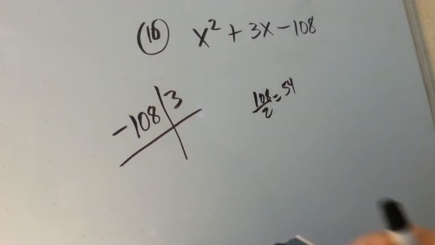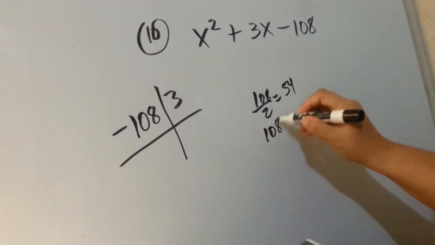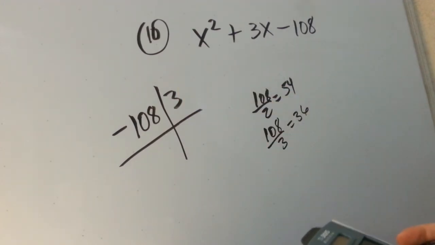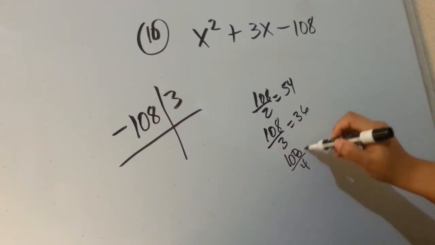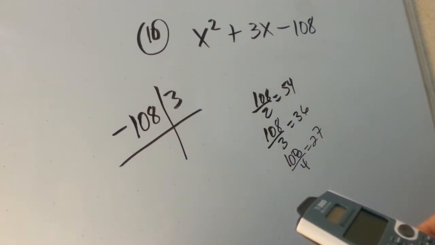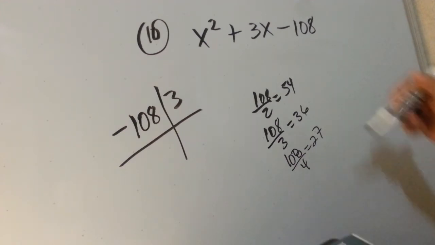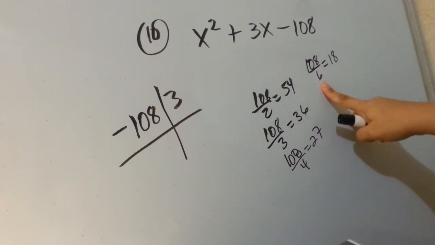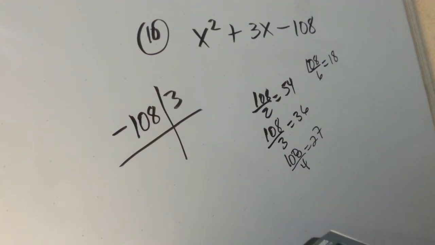Well, 54 and 2 is not going to give you 3, so scratch that. 108 divided by 3 gives you 36. 36 and 3 is not going to give you 3, so scratch that. 108 divided by 4 gives you 27. 27 and 4 is not going to get you 3, so scratch that. 108 divided by 5, nope. 108 divided by 6 gives you 18. 18 minus 6 is 12. Not a 3, but it looks like you're getting closer.